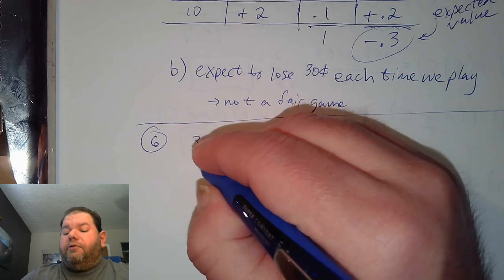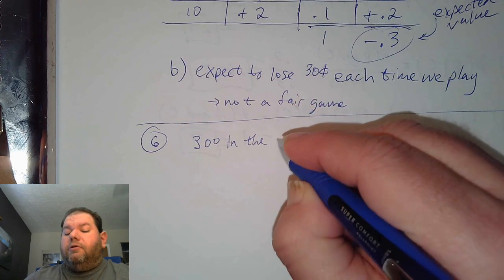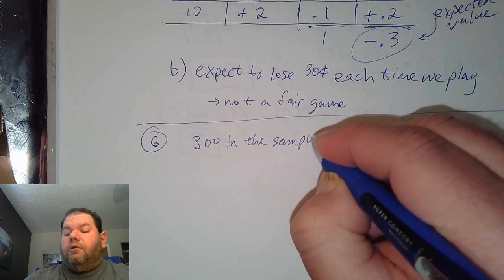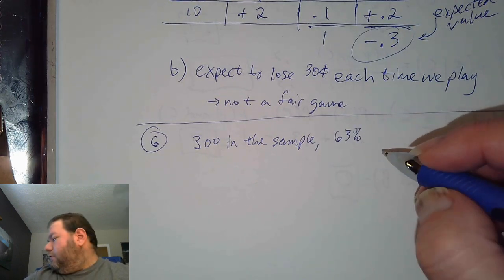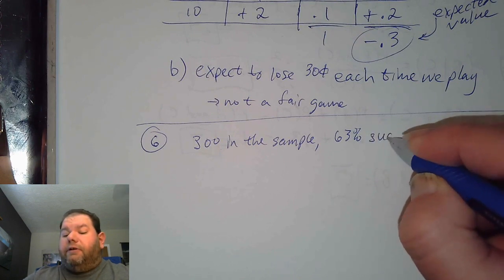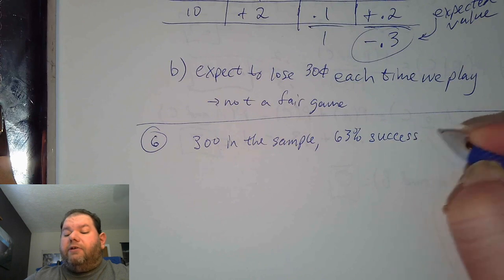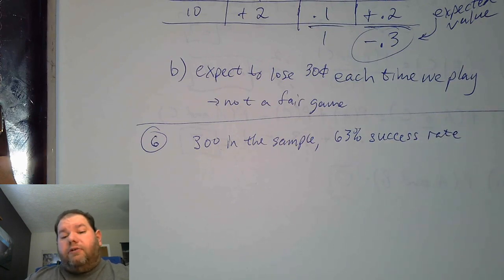So we have 300 in the sample, and 63% success rate based on last year's results. And those are the two key numbers that we need from this problem.